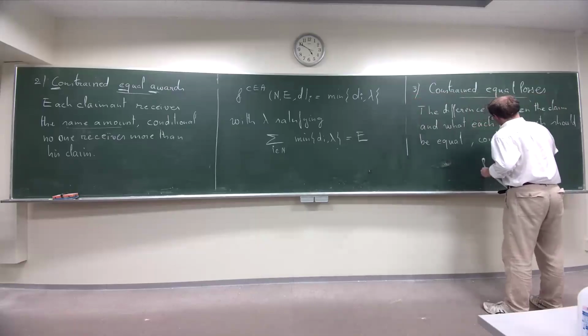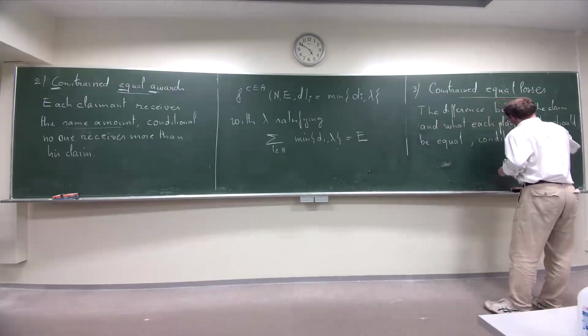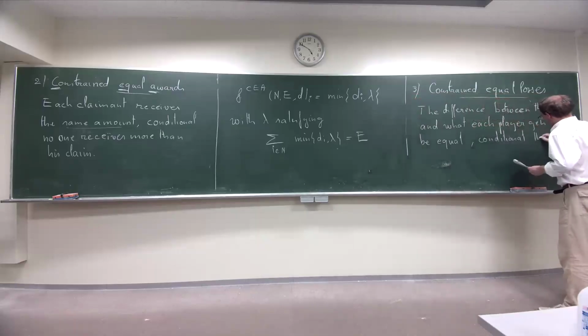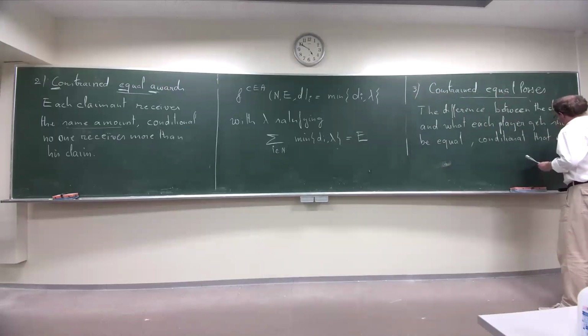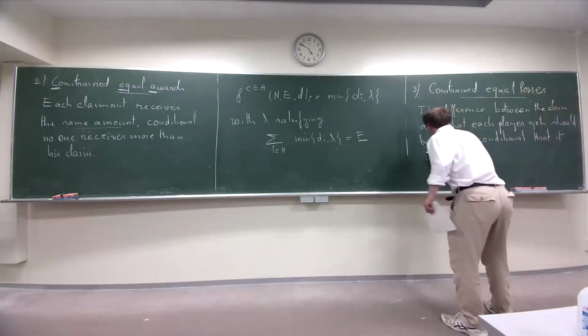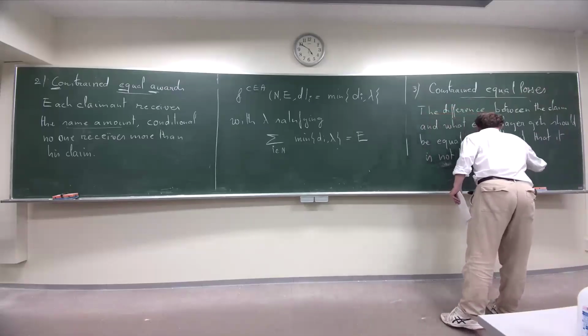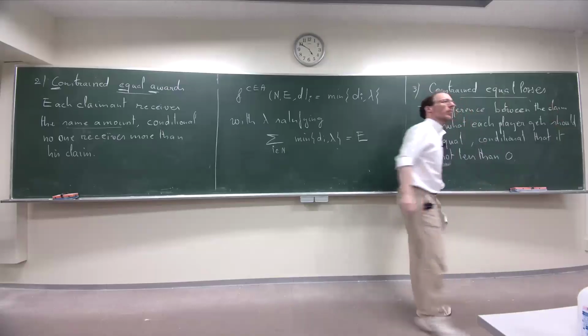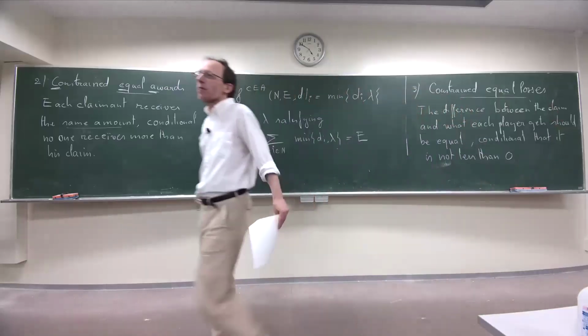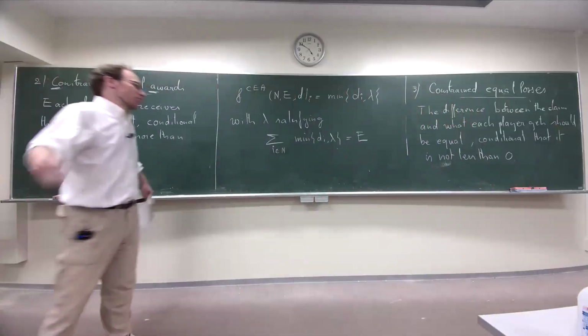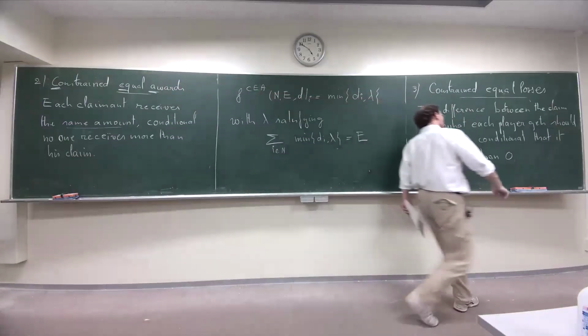Conditional: what each player gets is not less than 0, which is a bit stupid, but indeed nobody wants to get a negative number because we would have to pay.